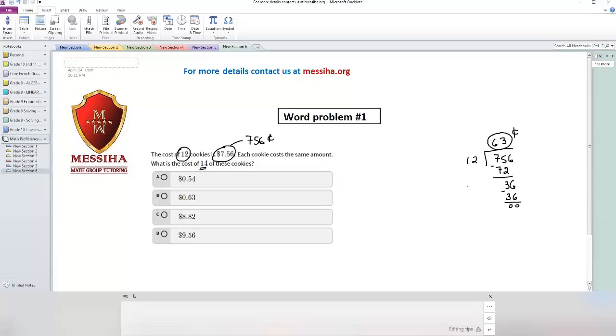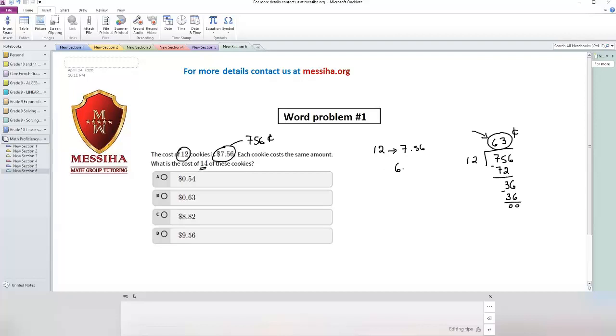Now, the question is, what is the cost of 14? Some students can take the value of one cookie and multiply it by 14. But there is another way. If I already have the 12 cookies, and they cost $7.56, why don't I add another 2 and that's it?